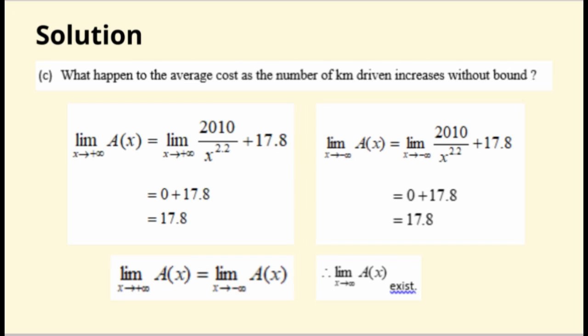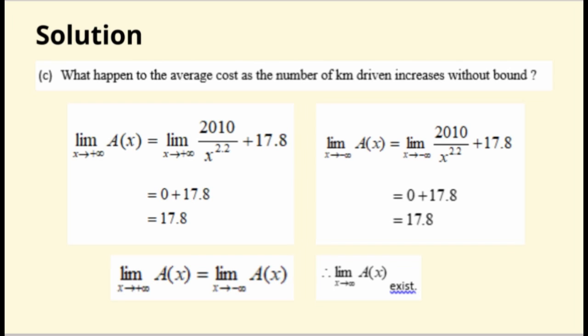For the left-sided limit, limit as x approaches infinity of A of x equals limit as x approaches infinity of 2010 divided by x to the power of 2.2, plus 17.8. If we replace infinity into this equation, we get 0 plus 17.8.